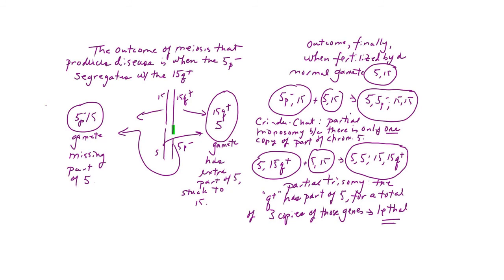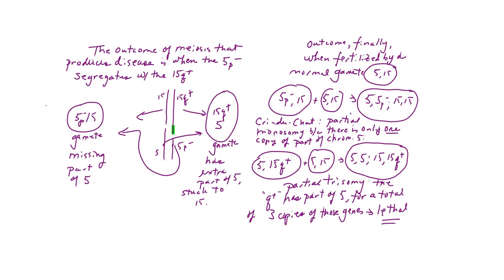The other one, resulting from the 15q segregation, that individual has a normal 5 and a 15q plus. So that gamete has more than one copy of that. There's 2 copies of that extra information on 5. It's not the whole 5, it's just the part that's stuck on the end of the q arm of 15q. But when that's fertilized by a normal gamete, we have 2 normal 5s, a 15 and a 15q plus.